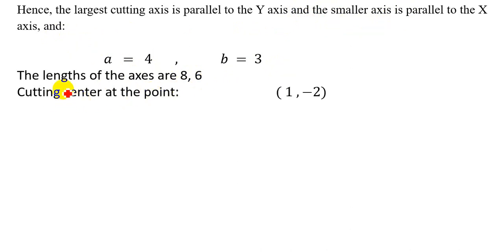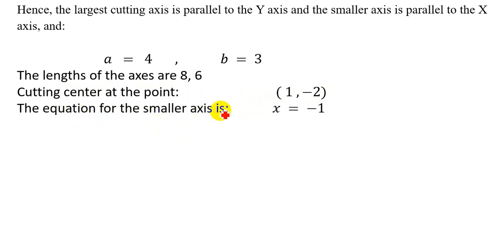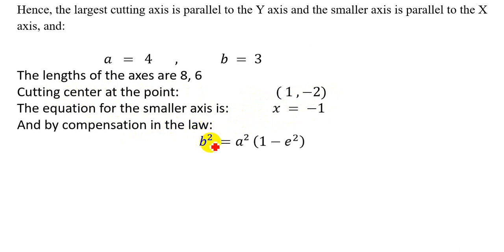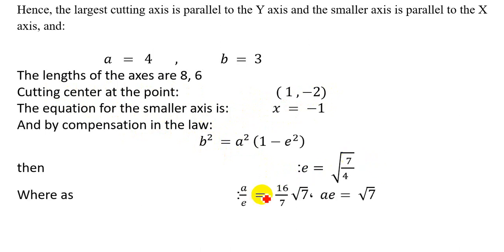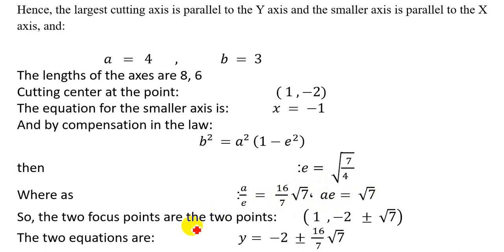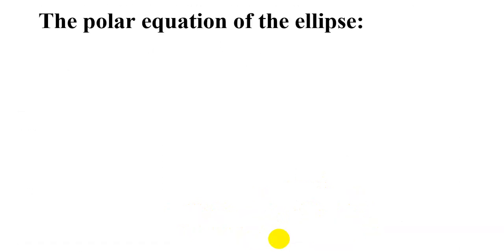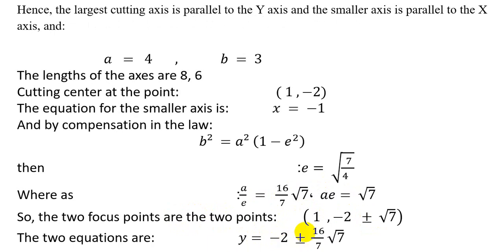The ellipse center point is 1 and minus 2, the equation of the smaller axis is x equals 1, and combining the relation between b and a, we can get e, and we can get ae, which is square root of 7, and also we have 2 foci like that, plus or minus.